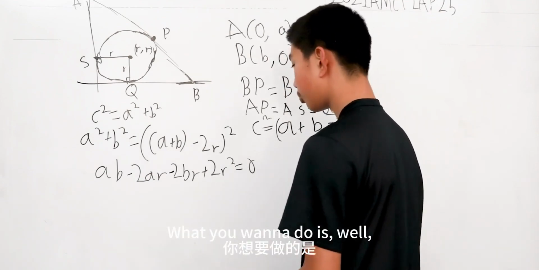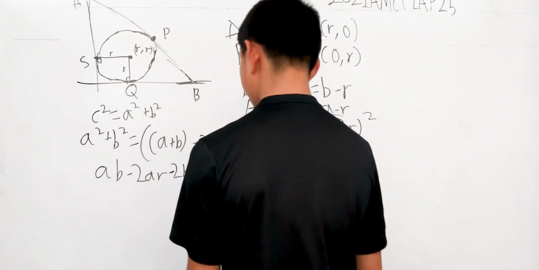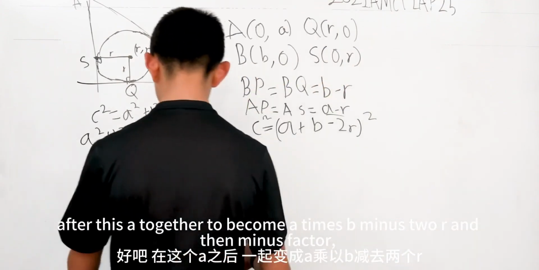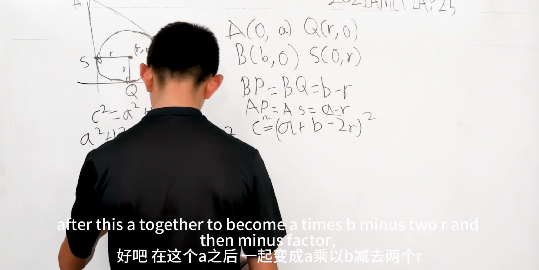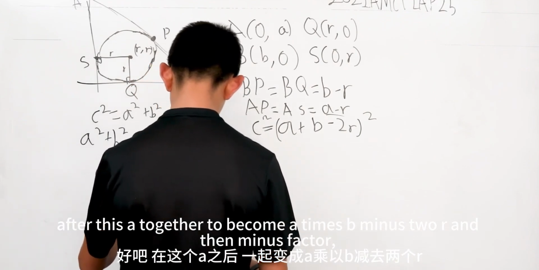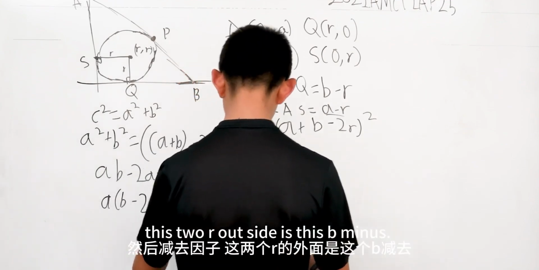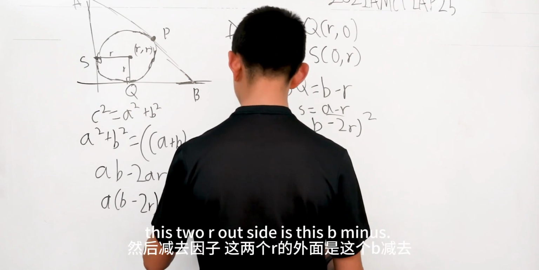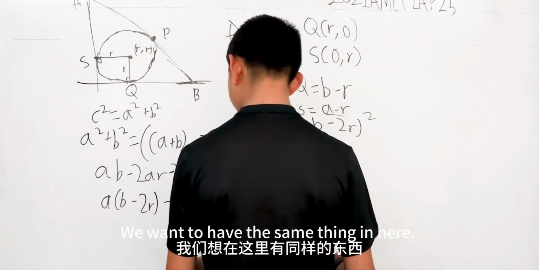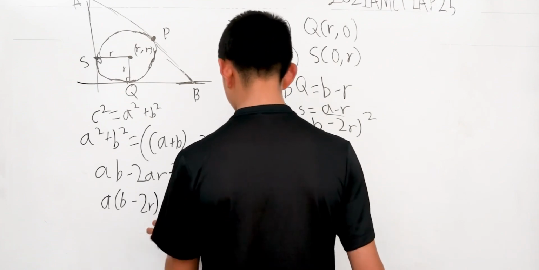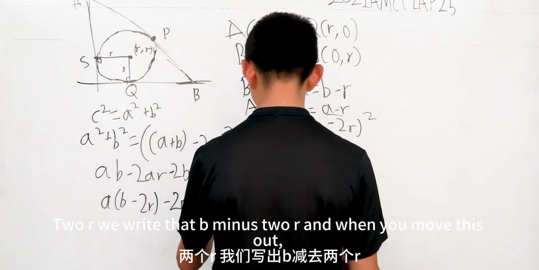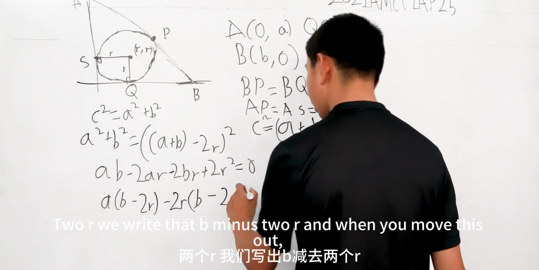So what you want to do is factor this A together to become A times (B minus 2R). And then minus, factor this 2R out, and we want to have the same thing in here, so we write that, B minus 2R.